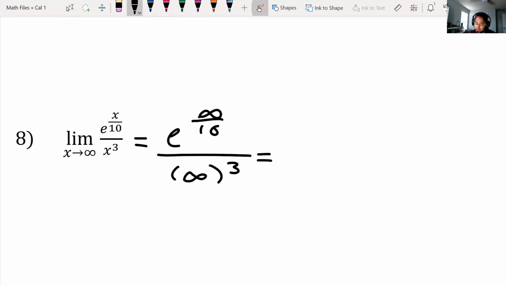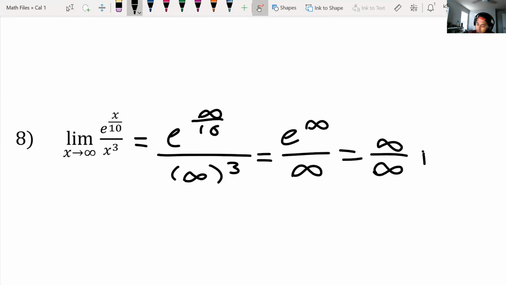Well, infinity over 10 is still infinity. So you get e to the infinite power over infinity. So infinity over infinity. So you get indeterminate. Okay, which means take them to the hospital.